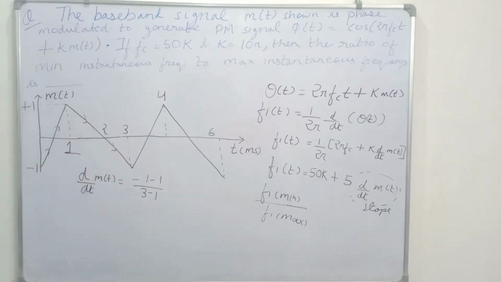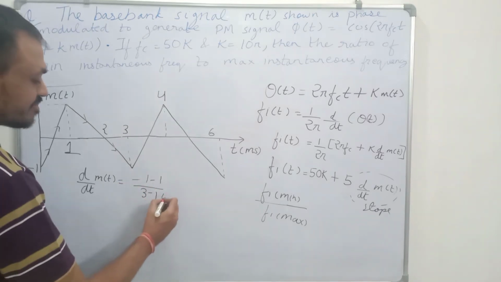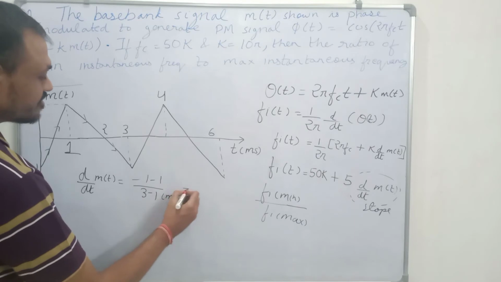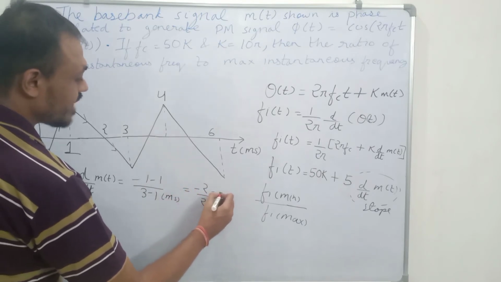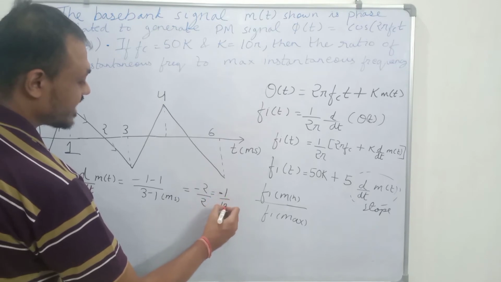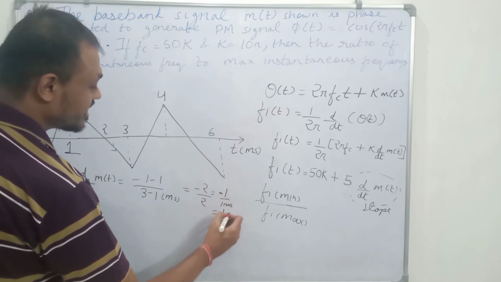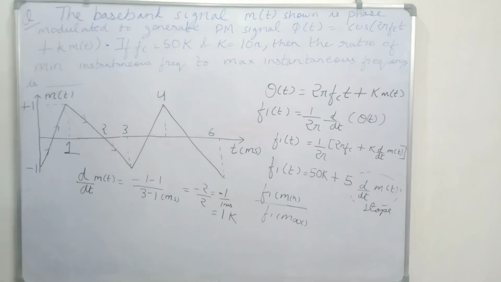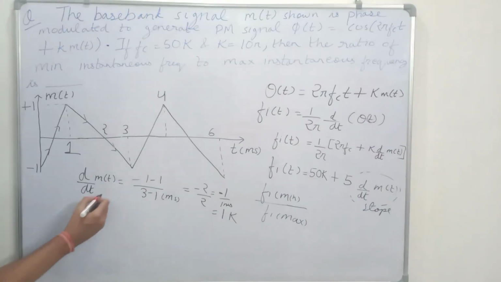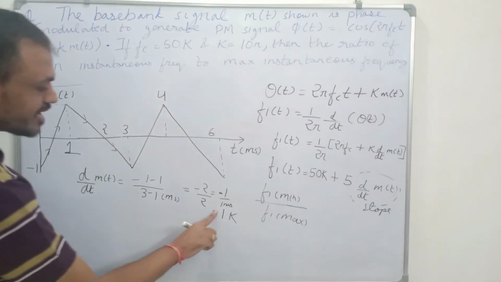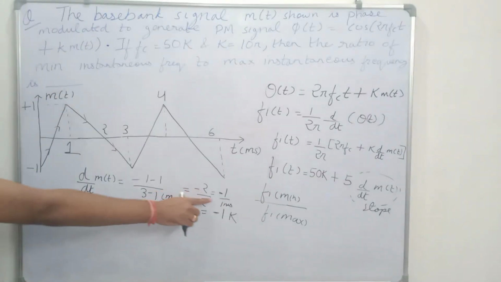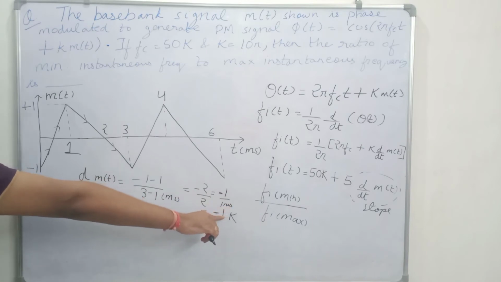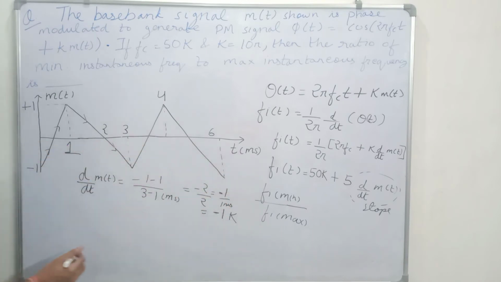So minus 1 minus 1 upon 3 minus 1, and time is in milliseconds, so 3 minus 1 milliseconds. So it will be equal to minus 2 upon 2, which is minus 1 upon 1 millisecond. So the minimum slope will be equal to minus 1k, because the time is given in milliseconds.